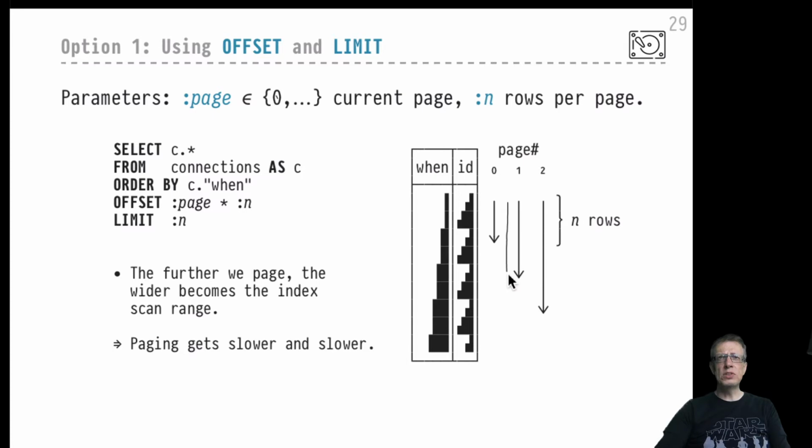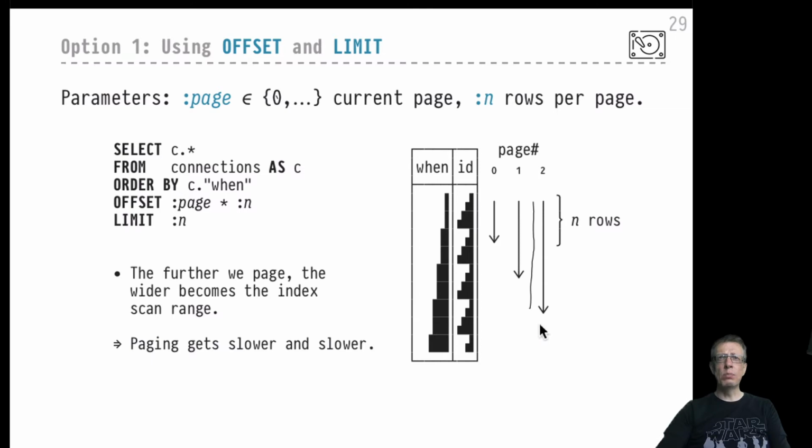And you can probably see the pattern here. The larger page gets, the larger the offset gets, the larger becomes the portion of the scan that we have to perform only to skip over the rows, and then only in the last n accesses in the sequence set we will produce the rows that are then returned to the application, to the web application, for example.